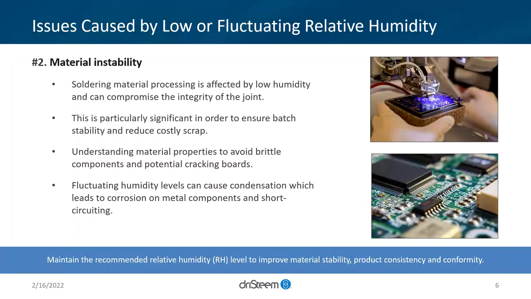Material instability. So with the soldering process in particular, having a low humidity can compromise the integrity of that joint. And when we want integrity, we really want to make sure that we're having batch stability and reduce that scrap. That's really the goal of humidity in these types of environments. It's process driven.